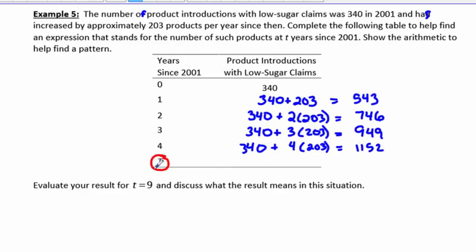So what happens in the t-th year? The only thing that changes as the years change is the coefficient, the number of 203s we have. We had 1 203, 2 203s, 3 203s, and 4 203s. That's the part of this formula that's changing. So in the t-th year, we're going to have 340 plus t times 203. So that's going to be the expression for what happens in the t-th year.